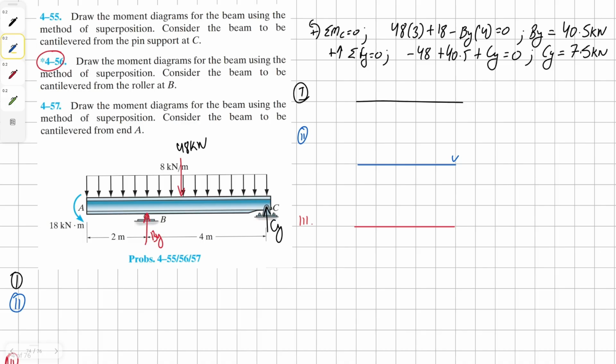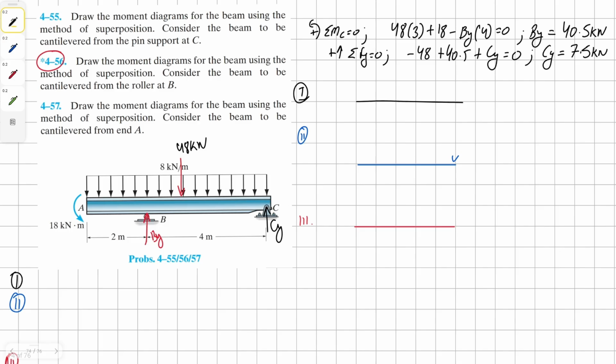For the second part of this problem, we're going to have to consider the beam to be cantilevered from the roller at B. To solve this, we have already found our external reaction forces, so we don't have to consider that. Now we can simply proceed to the next step, which is to draw a free body diagram of each different force that is acting on this member or beam.